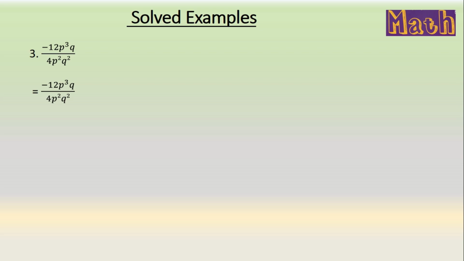Now, with 12 and 4, I have to apply the rules of division. So I'll look for a number that can divide 12 and 4. A number that can divide 12 and 4 is 4 itself. 4 divides itself 1 time and divides 12 3 times. And note, the 12 has a negative sign attached to it, so the negative affects the 3.